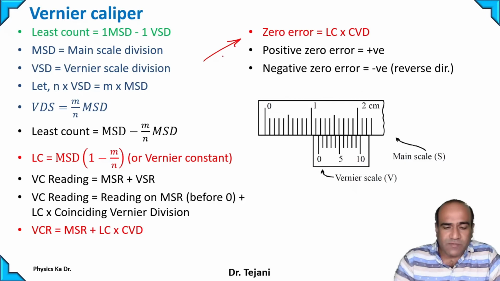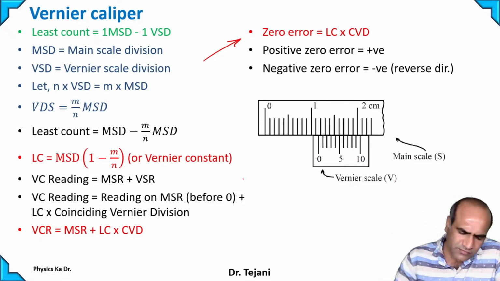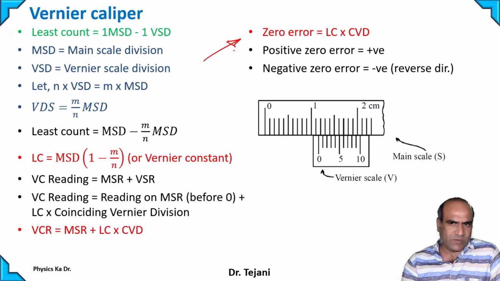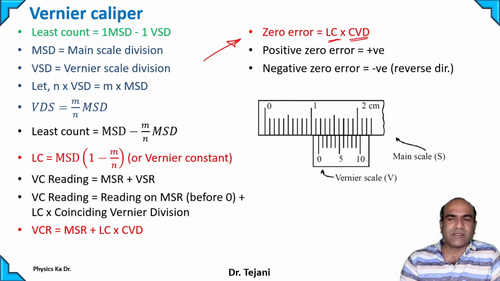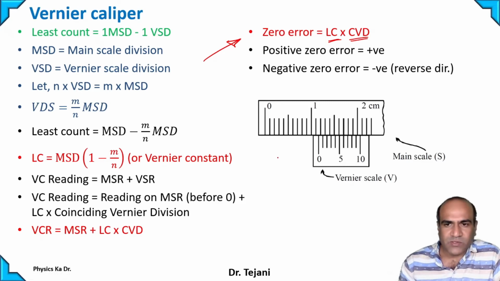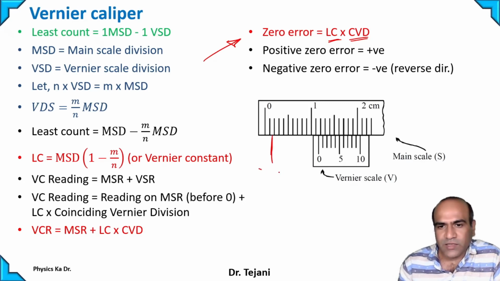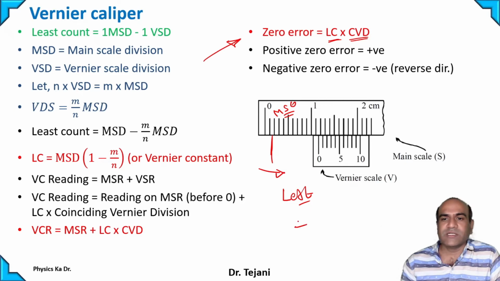Now there are possibilities of error in the Vernier. The Vernier gets older like us, and it may show some error. So at the closing position, we need to check the error. The equation of error is again least count multiplied by the coinciding division. If this zero is to the left of the main scale zero, that is a positive error.